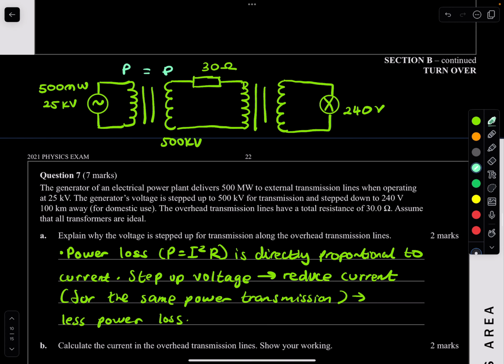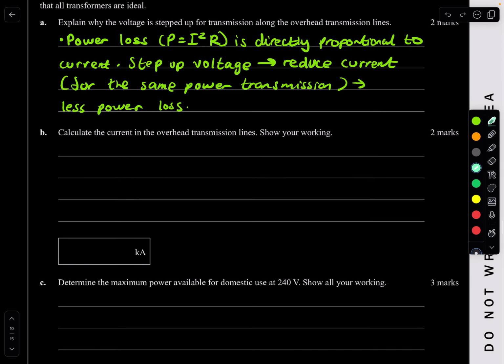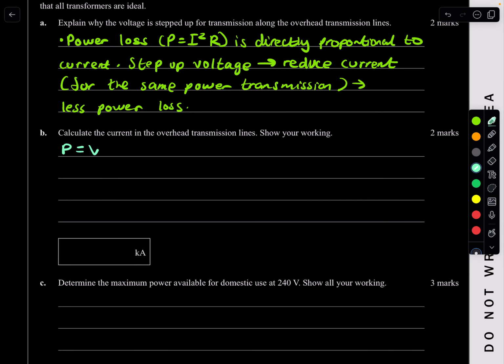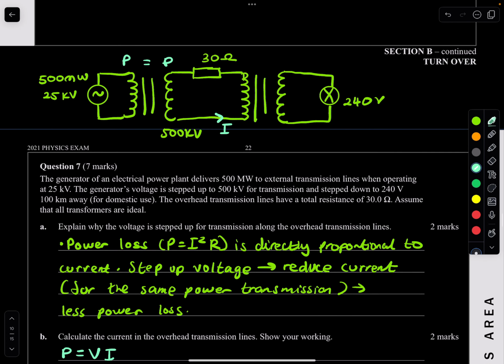B, calculate the current in the overhead transmission line. Show your working out. So we want to calculate the current in this transmission line. If I know that the output voltage is 500 kilovolts, and because I know that 500 megawatts, it's an ideal transformer, so this 500 megawatts will be the same as the output power of the transformer. So to get the current, P equals VI, where I is just P over V. So what's our power?